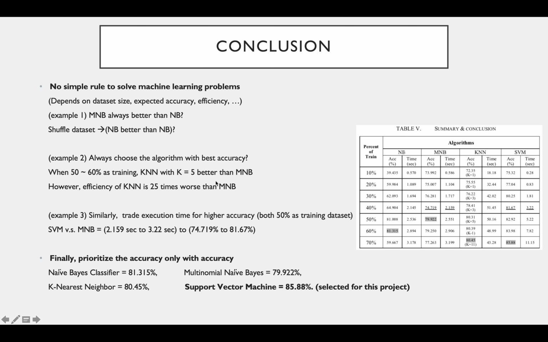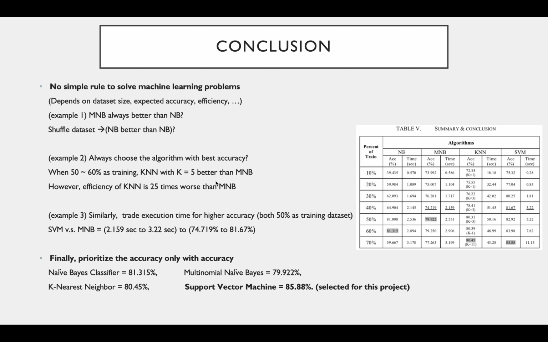So finally, assume that we want to prioritize accuracy only. Then under these conditions, we have the naive Bayes classifier with 81.315% accuracy.